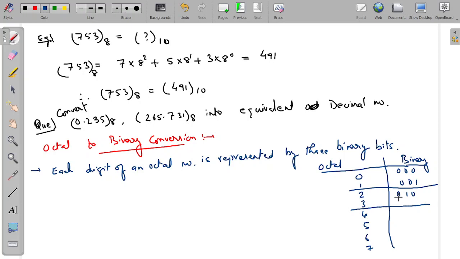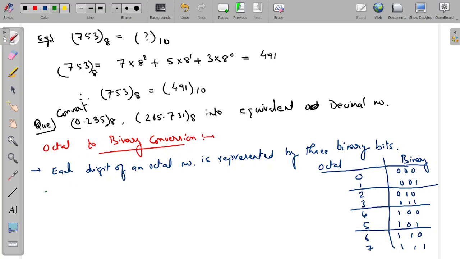You can verify these values. 3 is 011, 4 would be 100, 5 is 101, 6 is 110, 7 is 111. So knowing these values, the task becomes very simple.